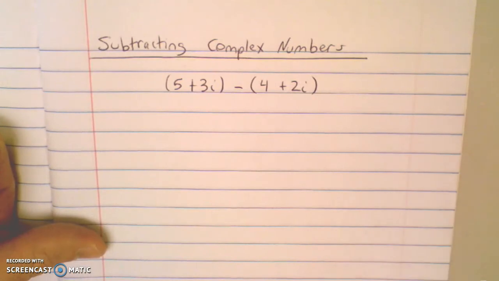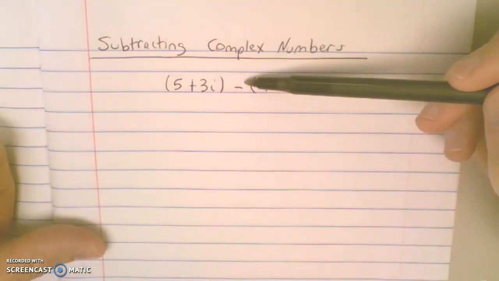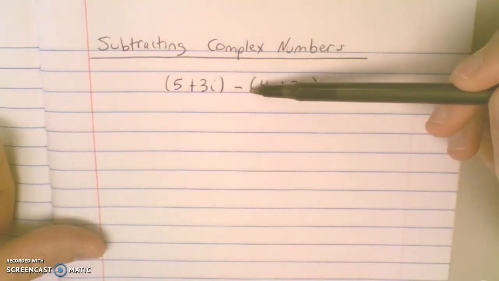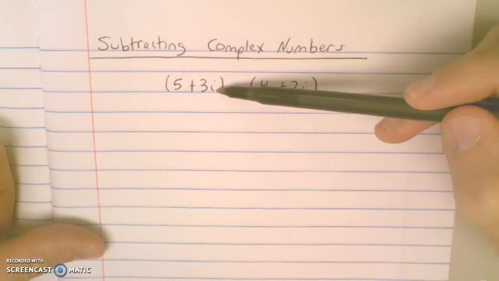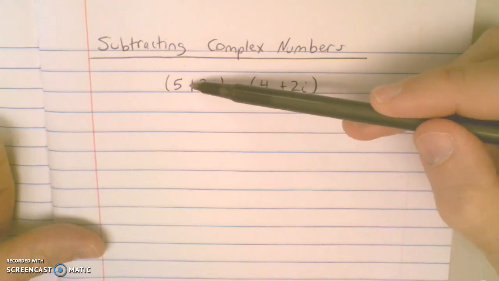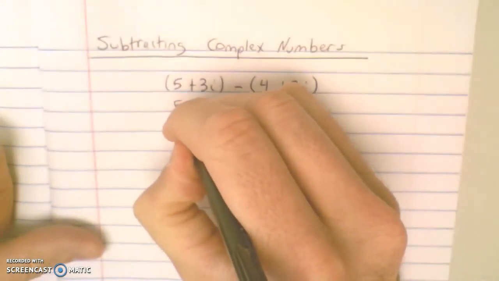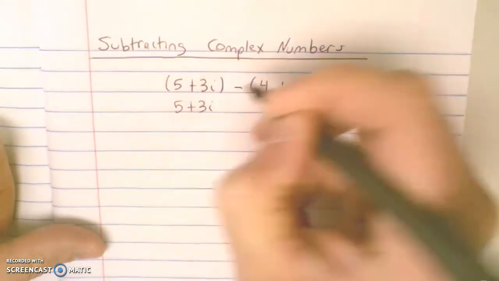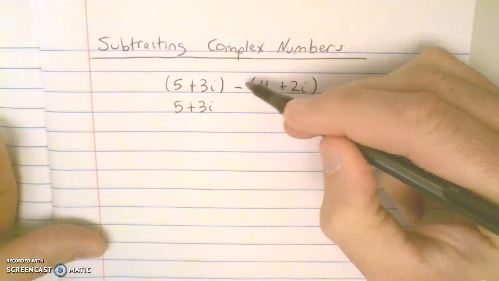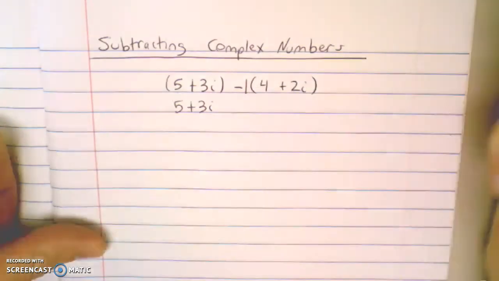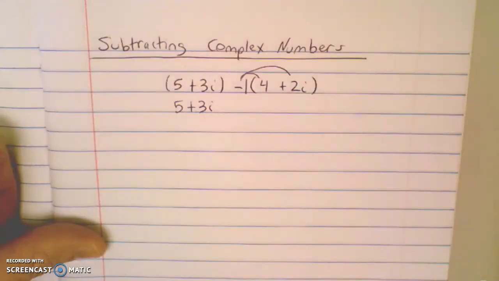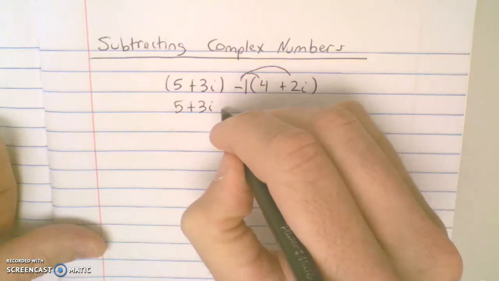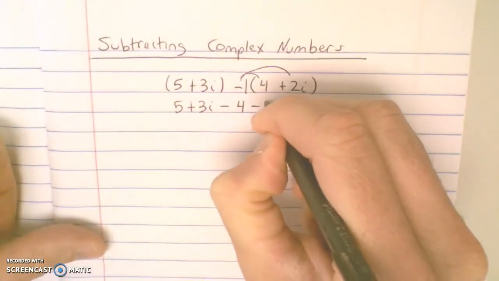All right, so what you need to be careful of with these now is with the parentheses, the negative changes things. So what I like to do is I like to rewrite these problems without parentheses. So the first set of complex numbers here, this just stays the same. This stays as 5 plus 3i. But here, it's kind of like having an imaginary 1 there. So I'm distributing -1 to each thing inside of the parentheses. So this becomes -4 minus 2i.